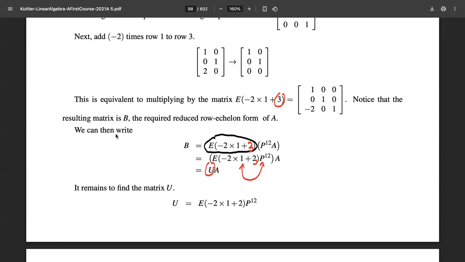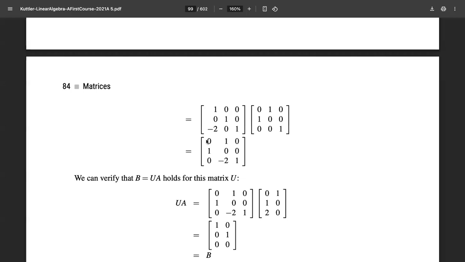We stop here because this is in reduced row echelon form. We only have 2 row operations, so we only have 2 elementary row operations.